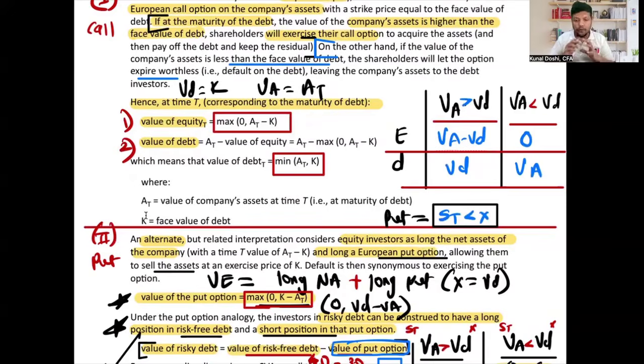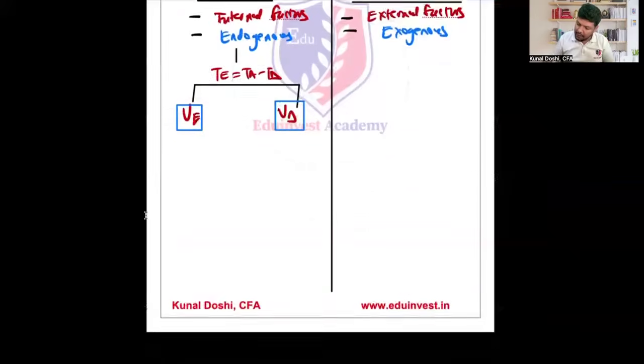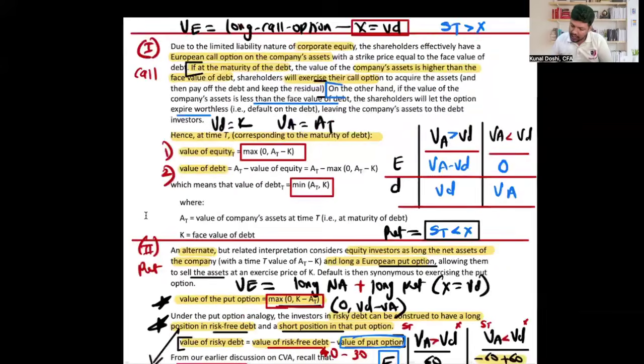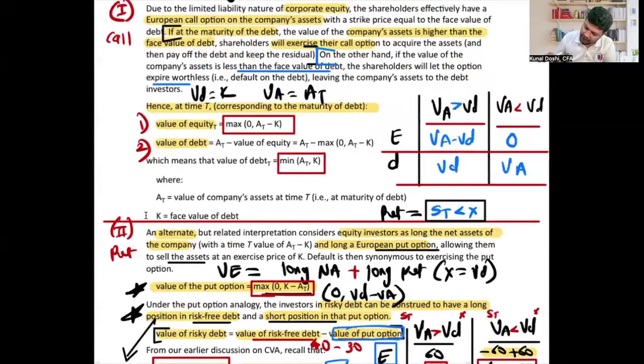Okay. So let me first put up the conclusion here: whenever the value of the company increases above debt, equity shareholders get a benefit. They will get a higher value. But whenever the value of the company goes below debt, equity shareholders will lose. So what should I write here? Value of equity and value of debt.